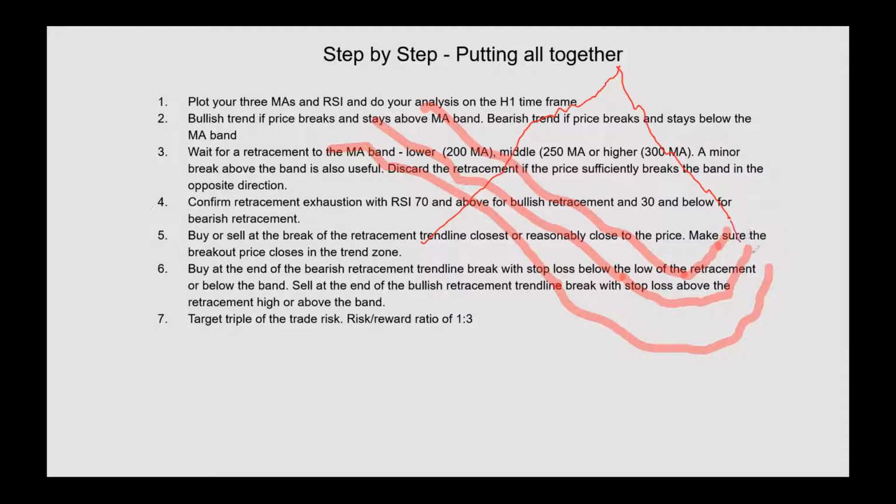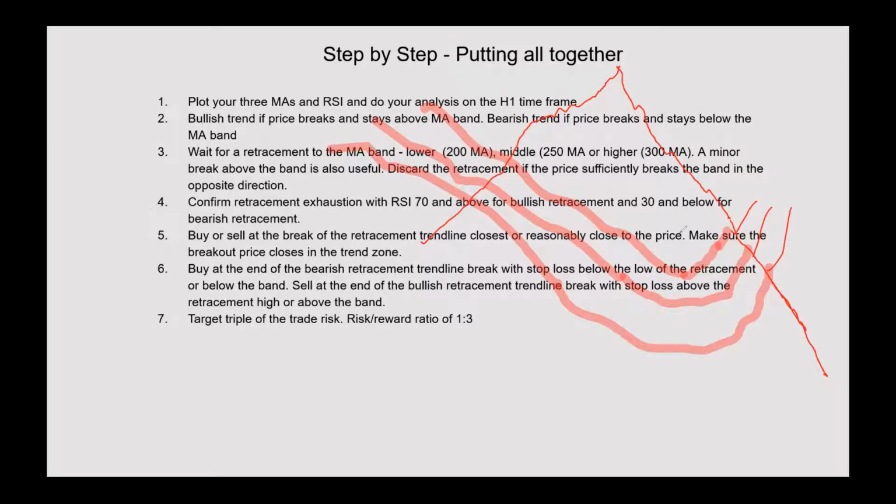But if it goes and stays below them, this is a breakout. It's no longer a correction. That means price has now broken below the band, and we can start looking for selling opportunities instead. All right, that's what I'm trying to say.